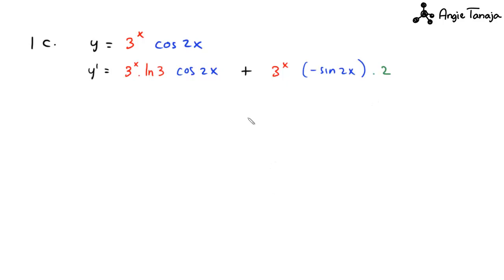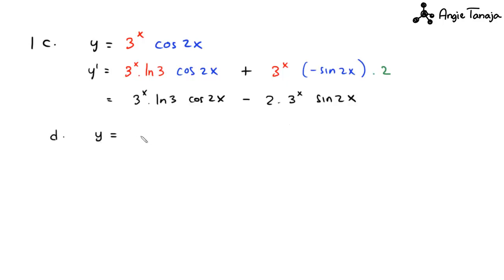I think we cannot simplify this, so like 3 to the x ln 3 cos 2x minus 2 times 3 to the x sin 2x. Please don't multiply these together. It is not 6 to the x, because the exponent here just belongs to 3.